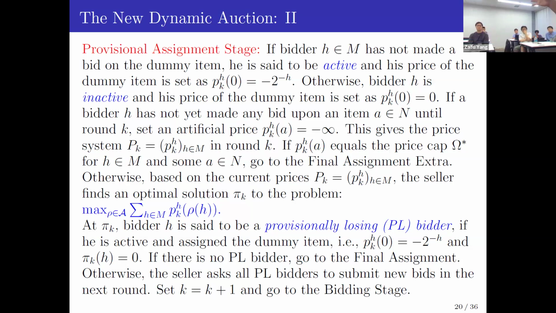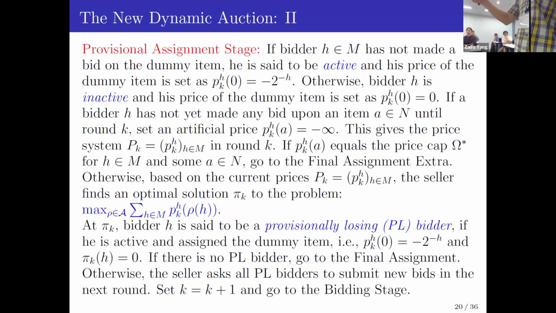So suppose now I made a bid on a number of items. After this, the auctioneer chooses which bids the seller wants to have.